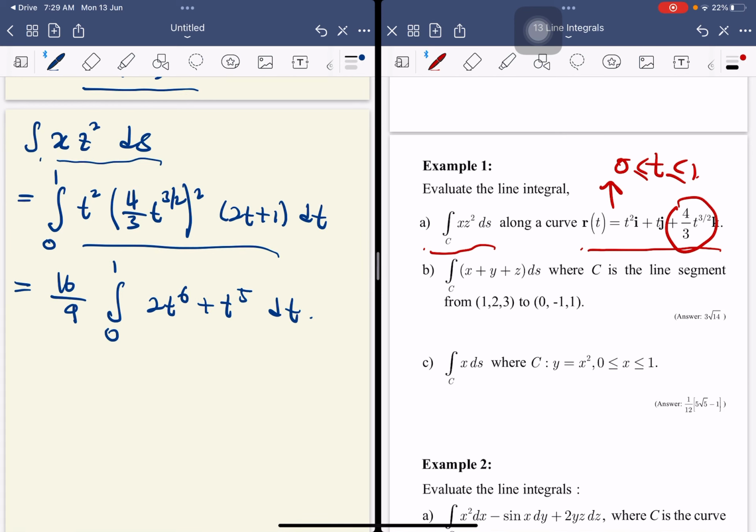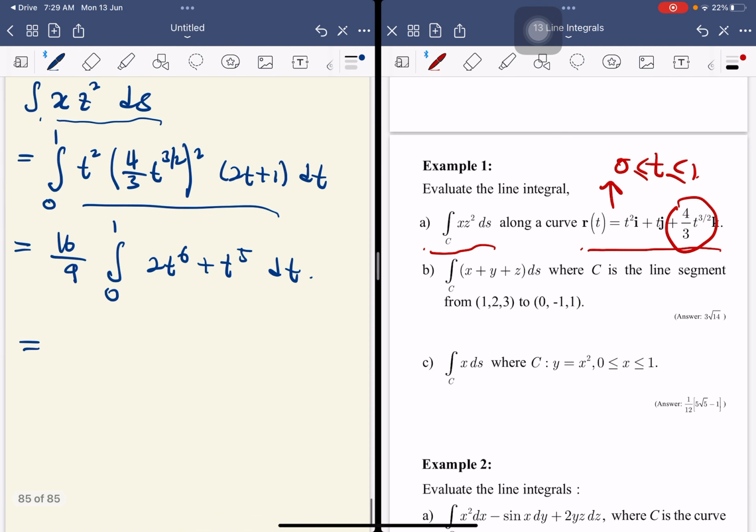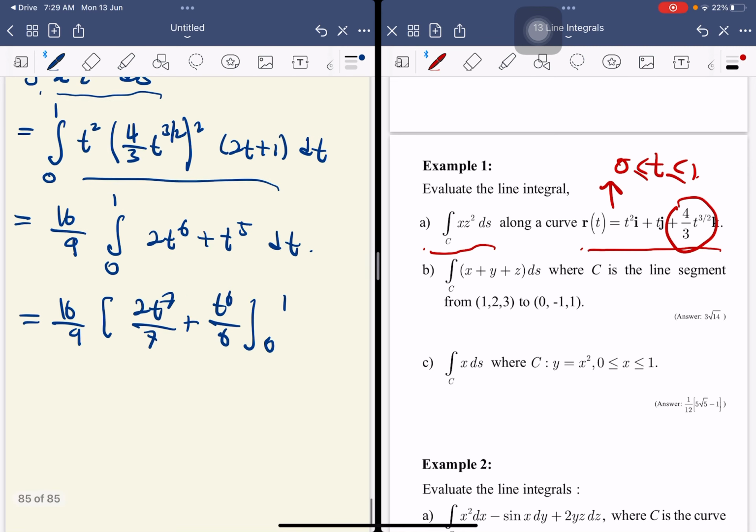Up to here, I think there should be no problem solving this because it's just a normal integration. So you're going to get that the answer would be 152 over 189. That's how you solve it.